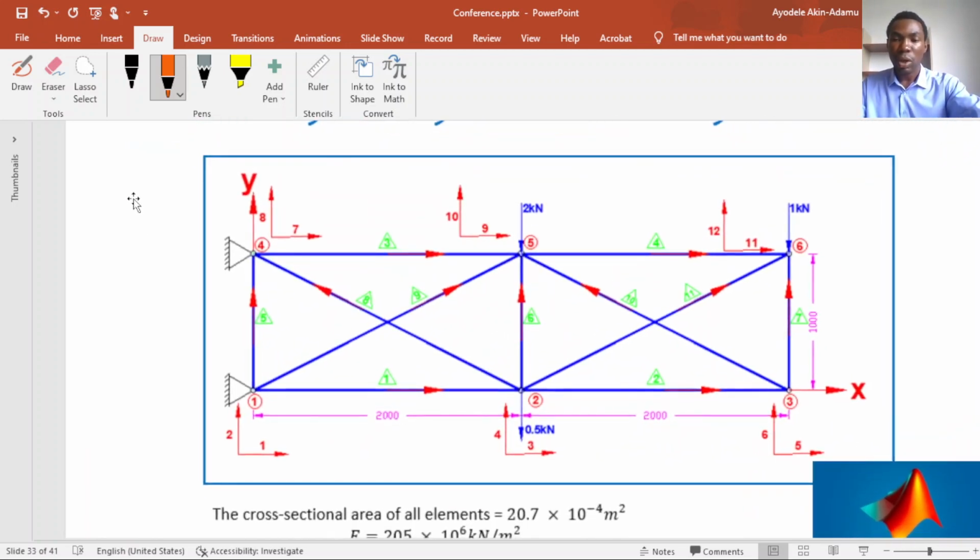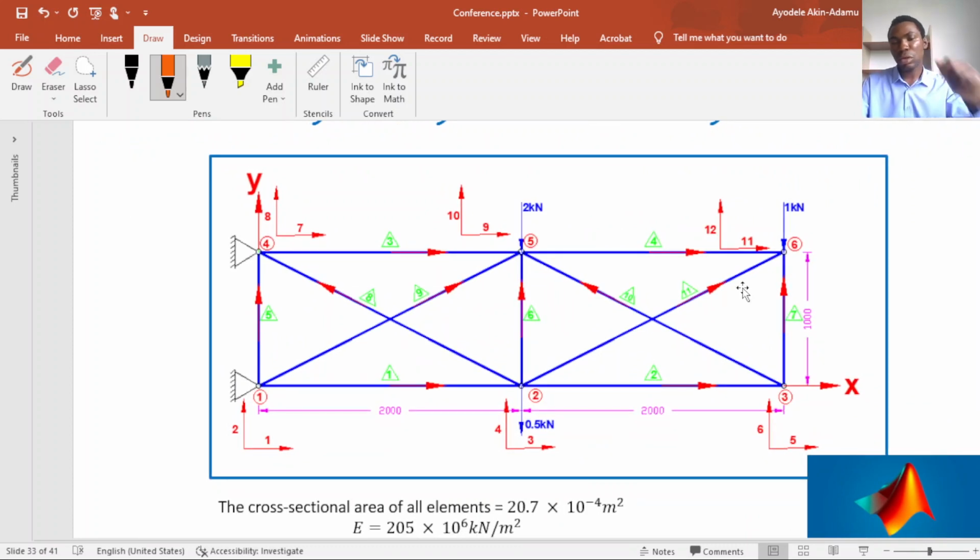When you have a truss problem, the first thing you need to do is define your finite element model for the truss. Here, I've already done it. What you see on the screen is my finite element model for the truss problem. To define your finite element model, first, you need to number all your elements. Secondly, you need to number all your nodes in the truss.